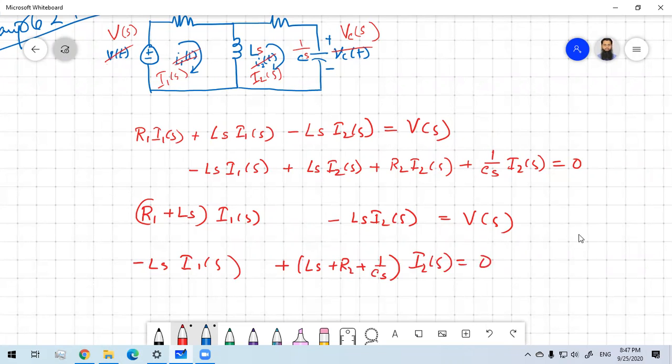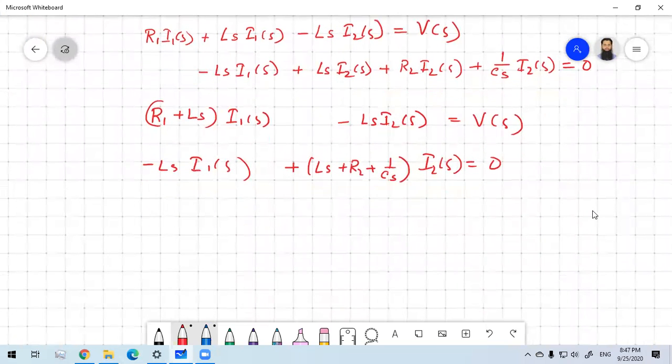Now if you apply Cramer's rule, you can find what will be I1 and also what will be I2. So you have to apply the formula like this.